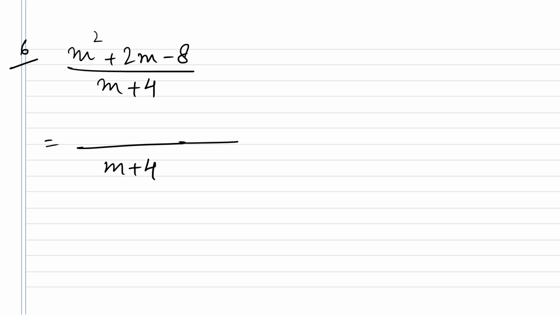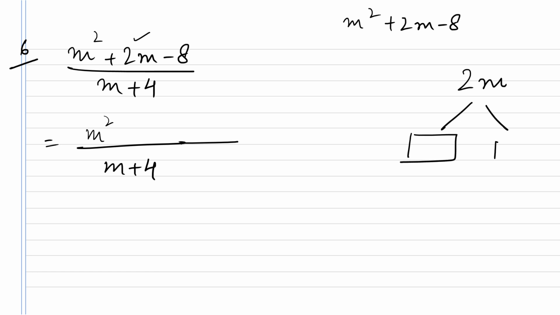Numerator, again split the middle term. So m square, my middle term is 2m. I'll again do over here m square plus 2m. So split 2m in such a way that the two terms when added give you 2m, and when they are multiplied they give you minus 8 times m square.